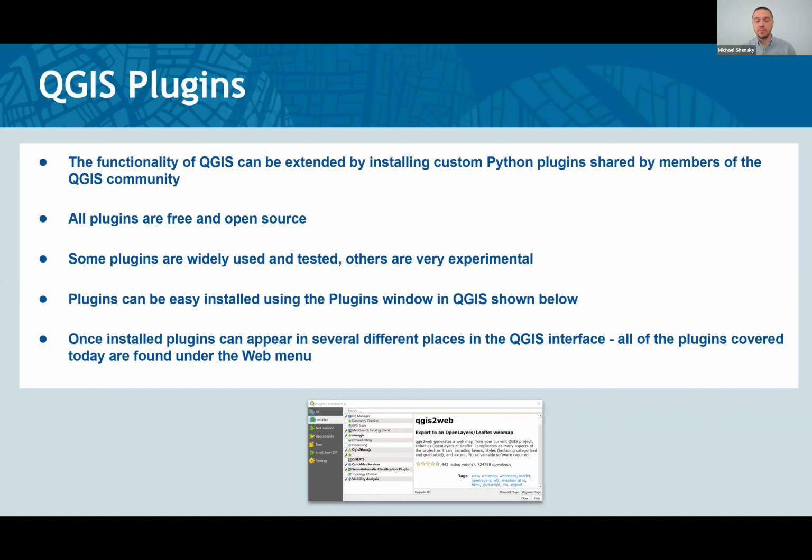It's not just something that would be specifically only you would be interested in. And so there's millions of QGIS users all over the world, and as a result, many different plugins have been developed. And so there's a lot of great functionality that you can add to the base functionality of QGIS by installing plugins.